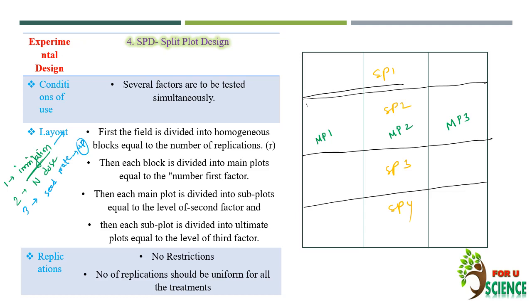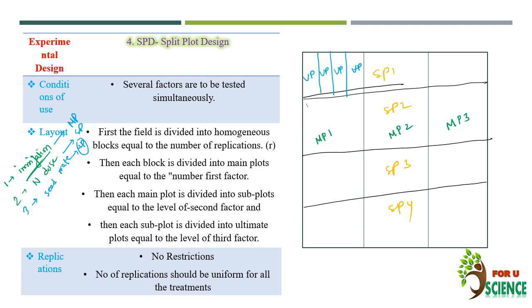We first divide irrigation into main plots, then nitrogen dose into subplots, and then we divide the subplots into small ultimate plots. This way we divide our several factors or treatments into main plot, subplot and ultimate plot, and we call this the split plot design.